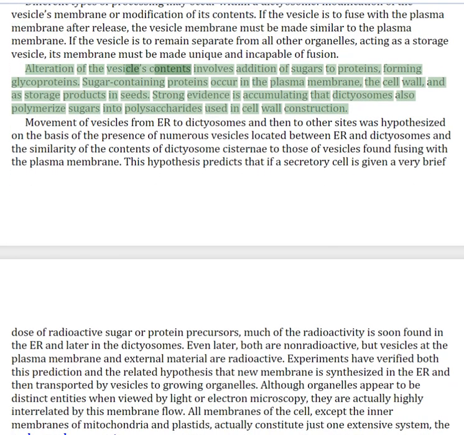Alteration of the vesicle's contents involves addition of sugars to proteins, forming glycoproteins. Sugar-containing proteins occur in the plasma membrane, the cell wall, and as storage products in seeds. Strong evidence is accumulating that dictyosomes also polymerize sugars into polysaccharides used in cell wall construction.